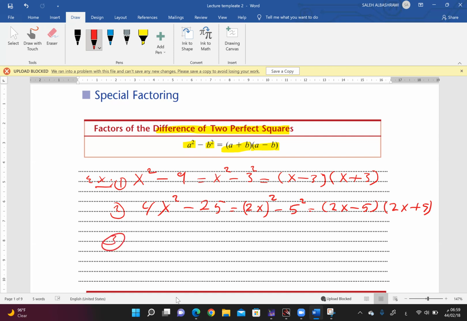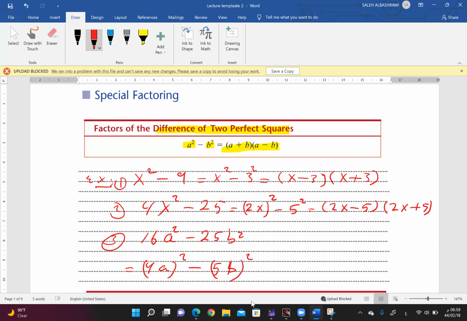Let's say, for example, if I have 16a squared minus 25b squared. This is equal to 4a all to power 2 minus 5b all to power 2.